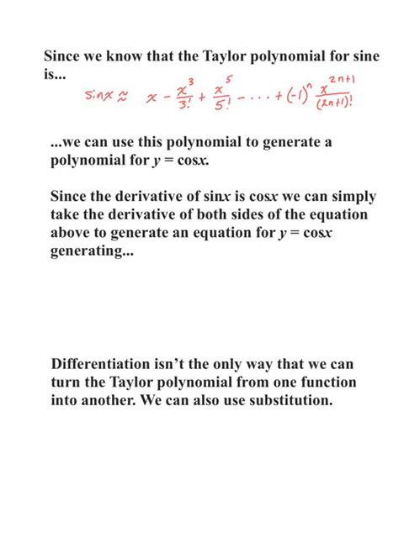And so what we're going to do with this particular function right here is take this and figure out what the Taylor polynomial for cosine of x is, using derivatives instead of using the same method that we did for deriving this polynomial for sine of x.